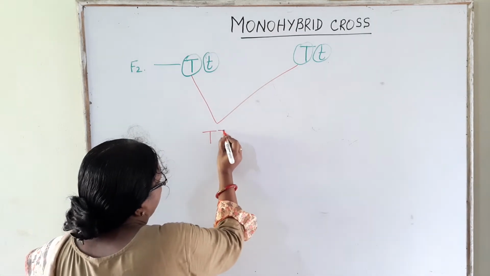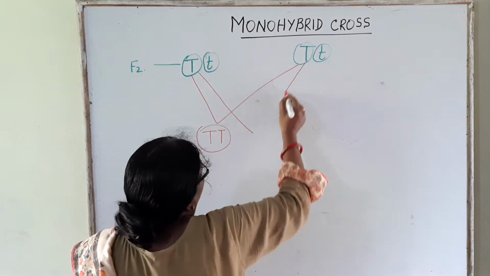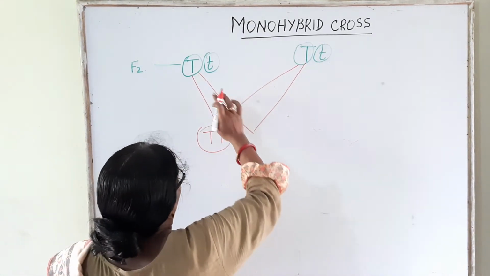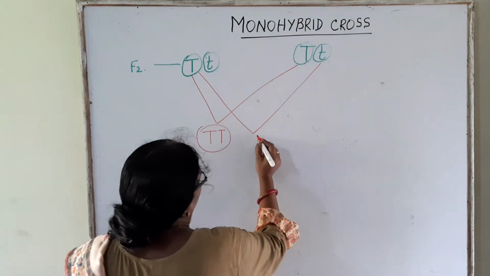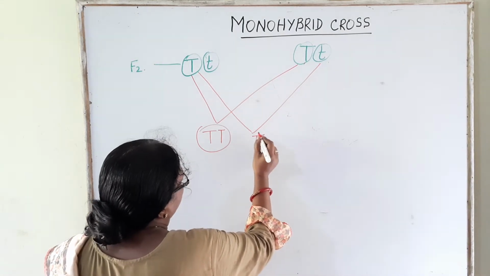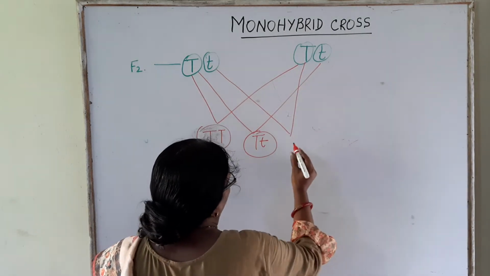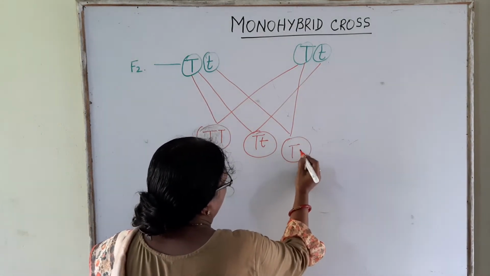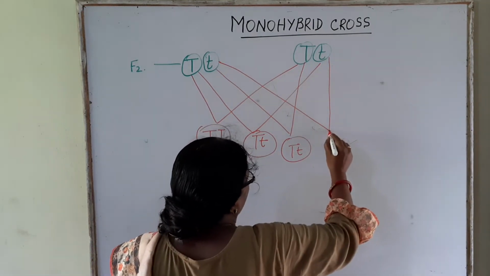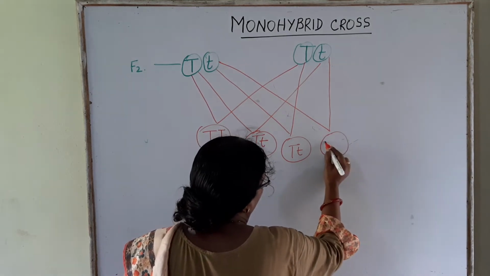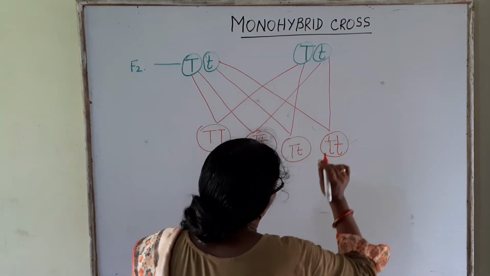We are getting capital T and capital T, capital T and small t, and small t and small t.